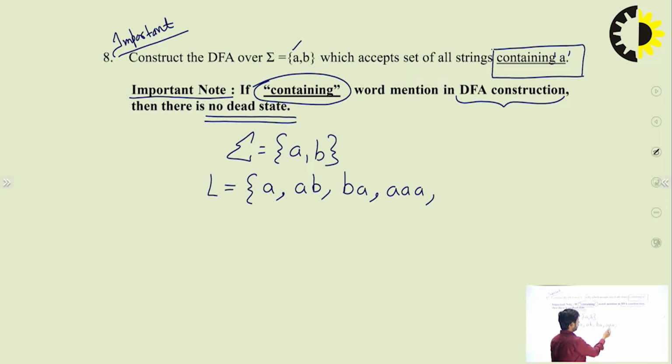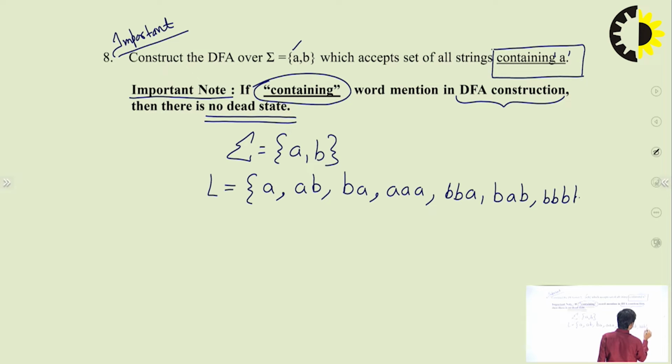There can be more a's, but at least one a must be present, for example ba, bab, and so on, infinite strings. We need to construct the DFA corresponding to this language.